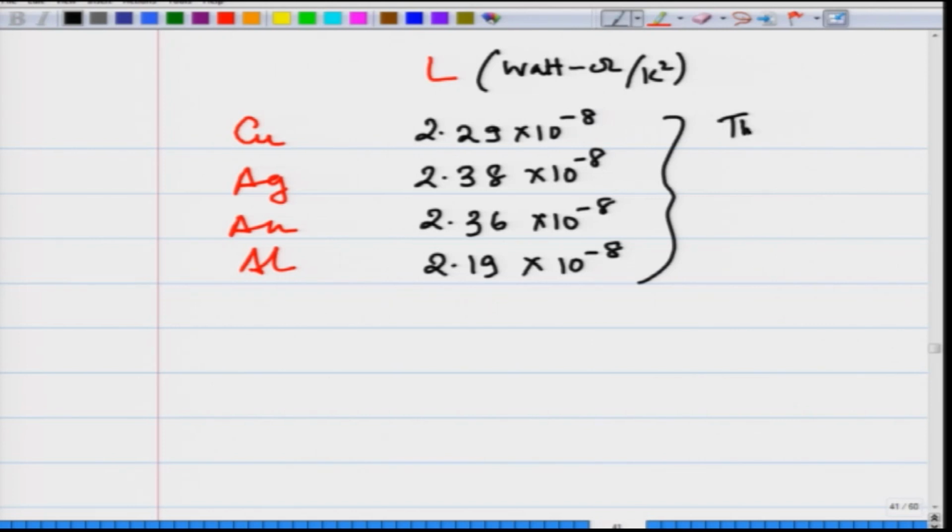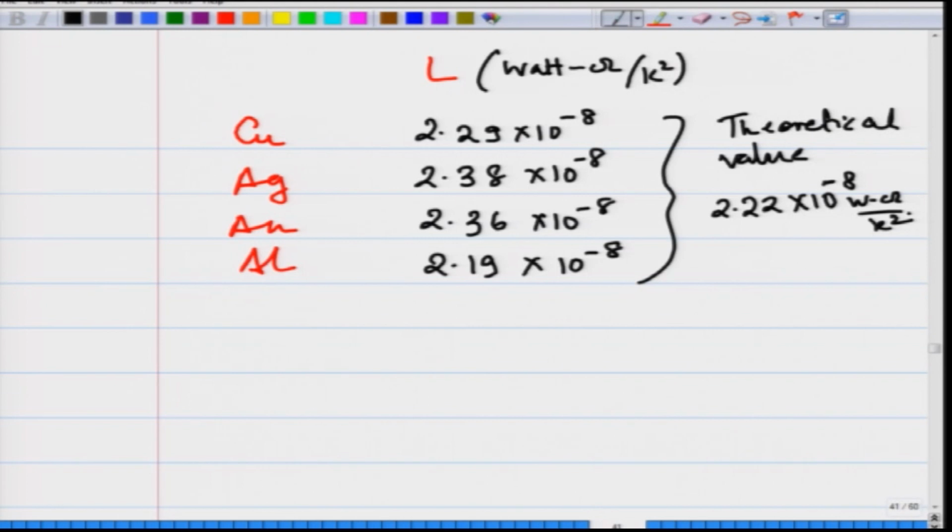And the theoretical value which one has calculated is 2.22 into 10 to the power of minus 8 watt ohm per Kelvin square. So, you can see that there is a very close match across different materials. You can get a very close match of this constant.